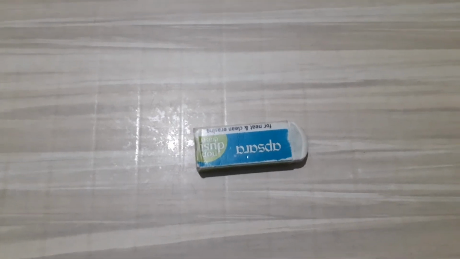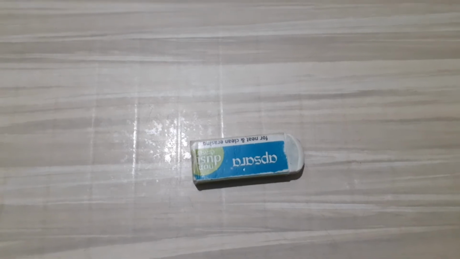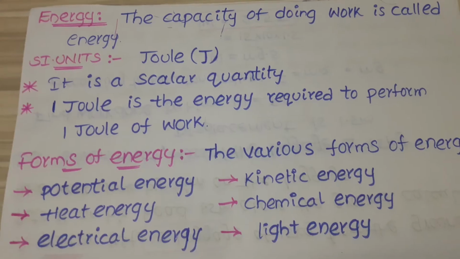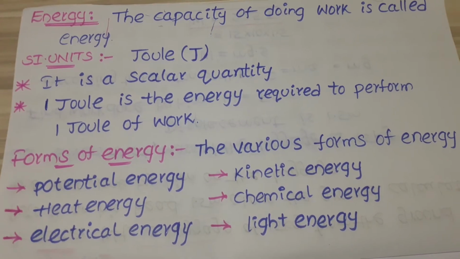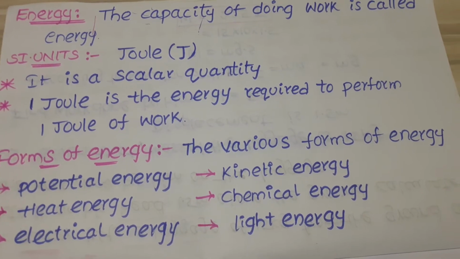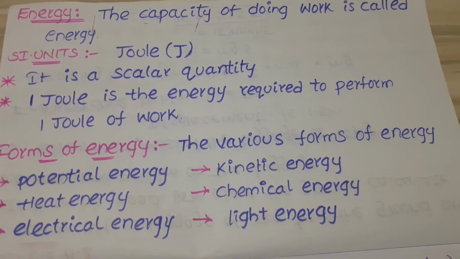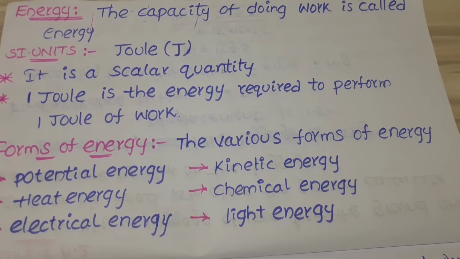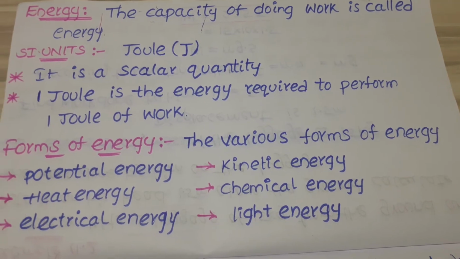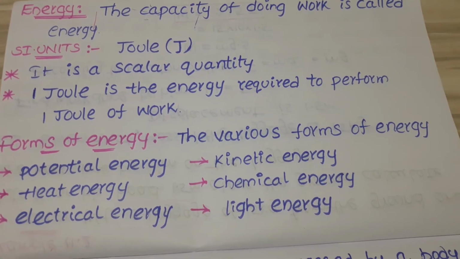Generally human beings get energy by eating vegetables, fruits, etc. Energy, the capacity of doing work on the object, is called energy. So the SI unit of energy is joule.